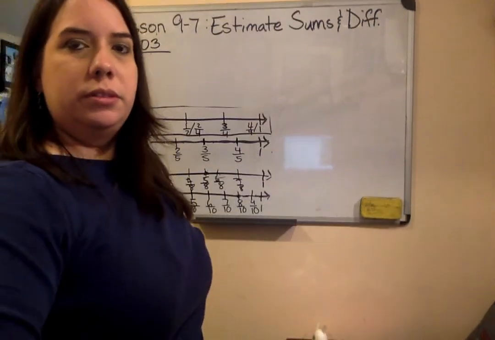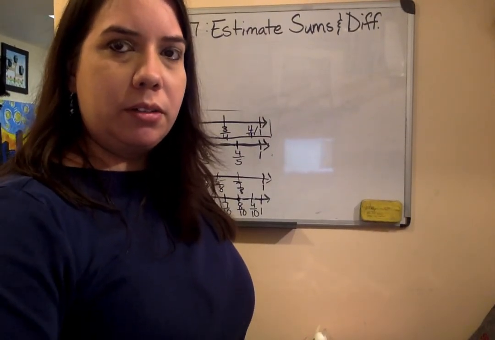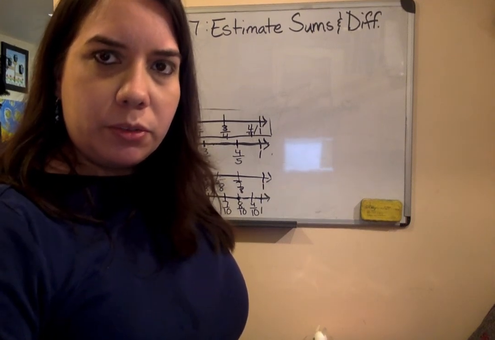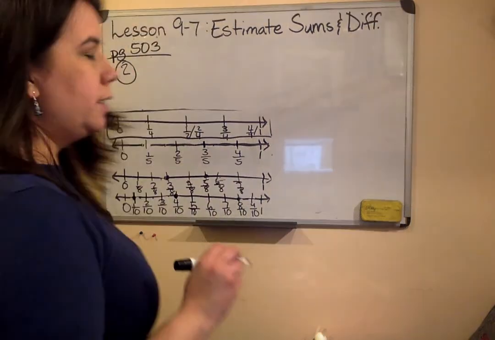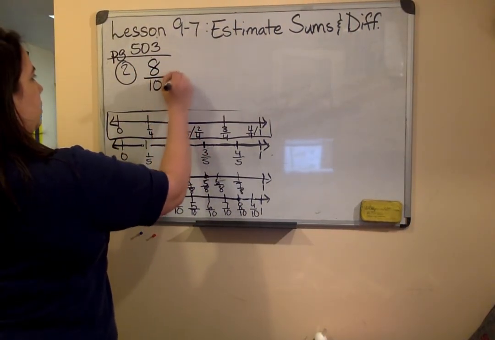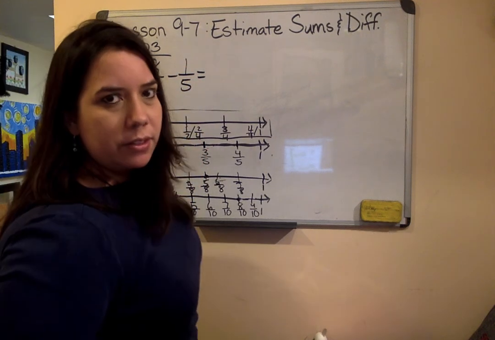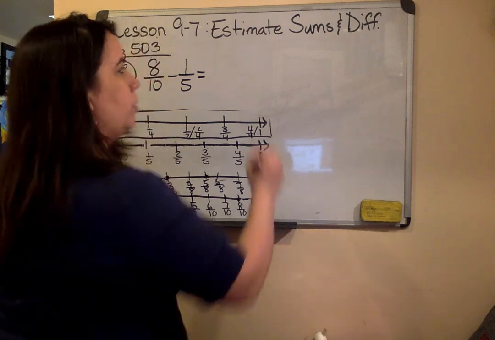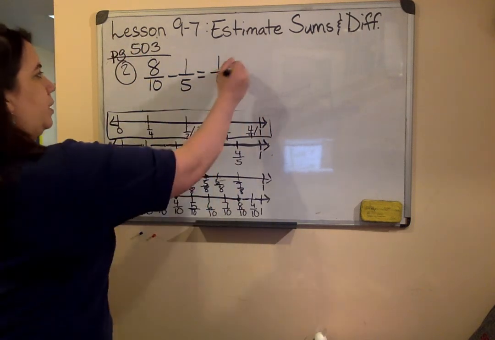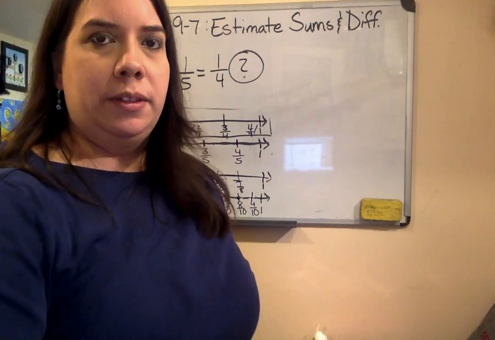Okay, so again, sorry, I'm moving the camera around a little. I'm just looking at the page number here. So we have 8/10 minus 1/5. Tenemos que decir si de verdad es como 1/4. We gotta say if he is right, this is 1/4. That's what we need to find out. Eso es lo que tenemos que averiguar.